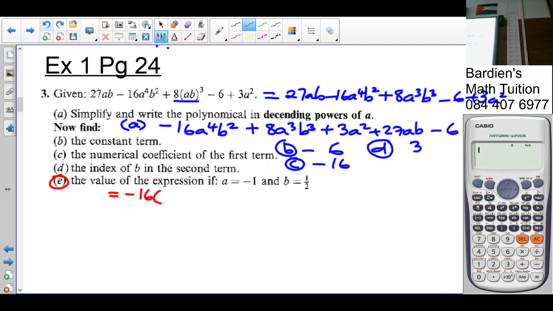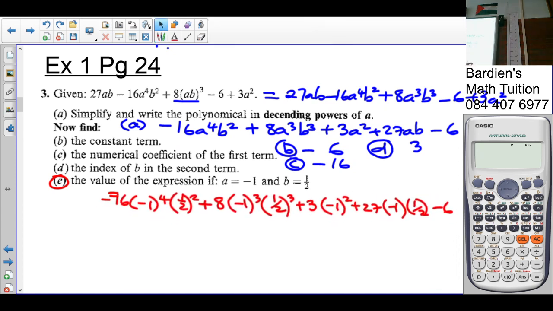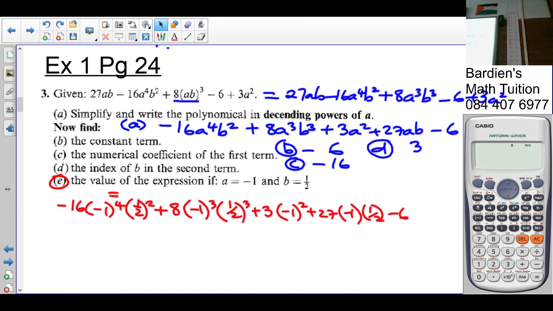So it's -16 times (-1) to the 4 times (a half) squared, plus 8 times (-1) cubed times (a half) cubed, plus 3 times (-1) squared, plus 27 times -1 times a half, minus 6.